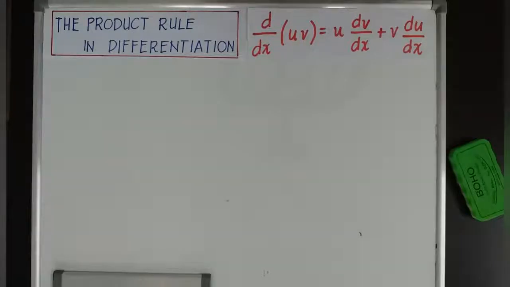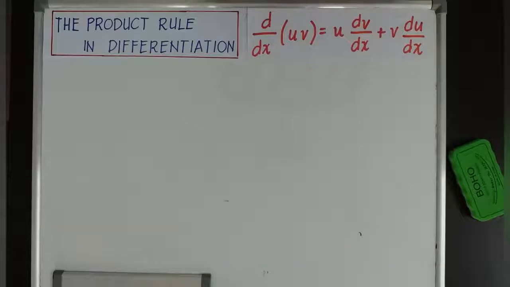We are now going to deal with another rule in differentiation, which is called the product rule. From the word product, it is the result of two functions that you are multiplying. So what is this rule?